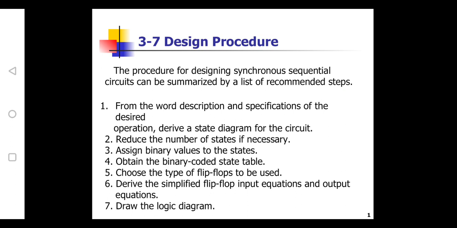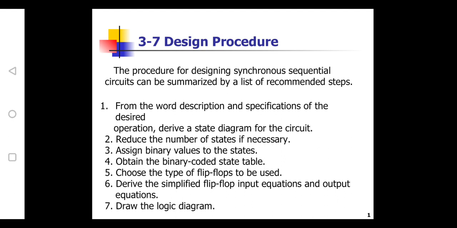So if we are able to remove the equivalent states, we can reduce the number of states. That is, from the state diagram, if any two states have the same inputs and next states, we remove those states, so the number of states required will be less.